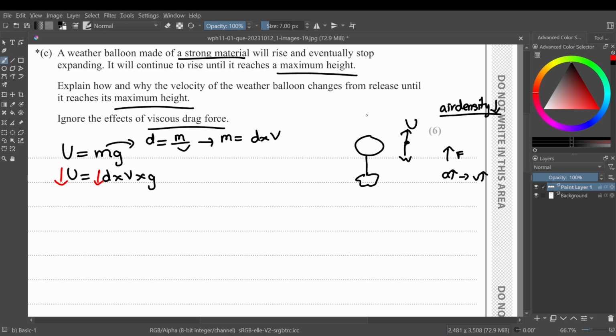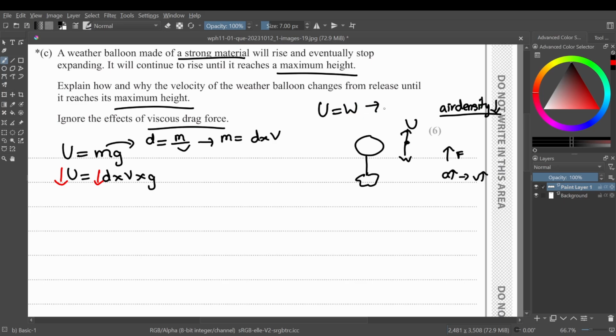So it can go a little bit more up before it reaches a point where it will actually explode, or burst.